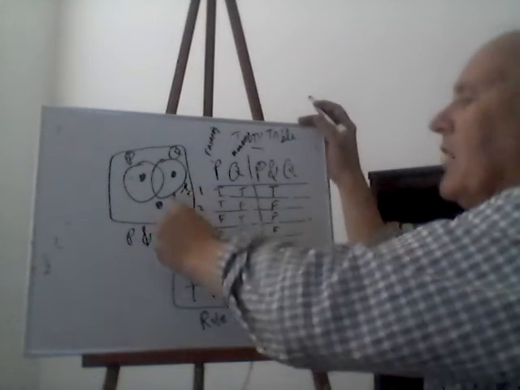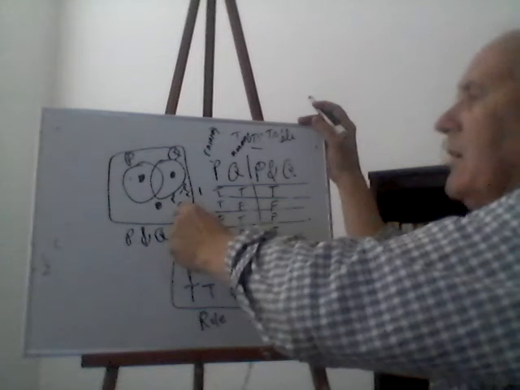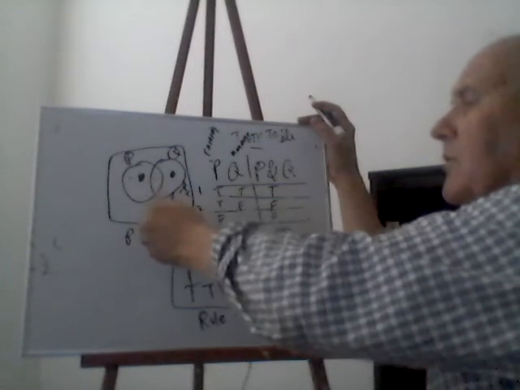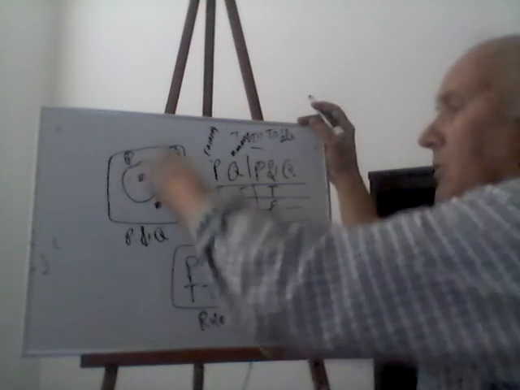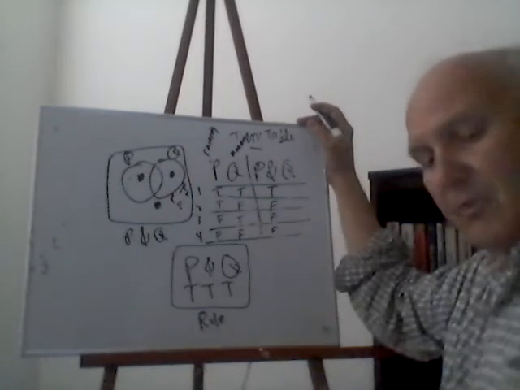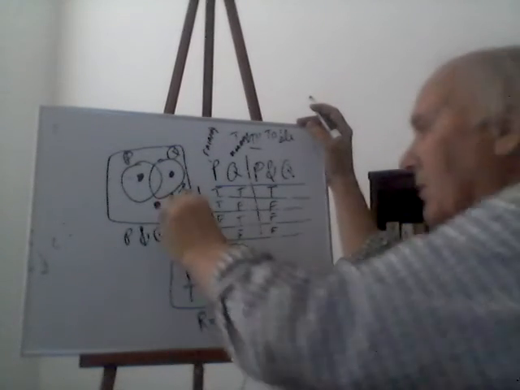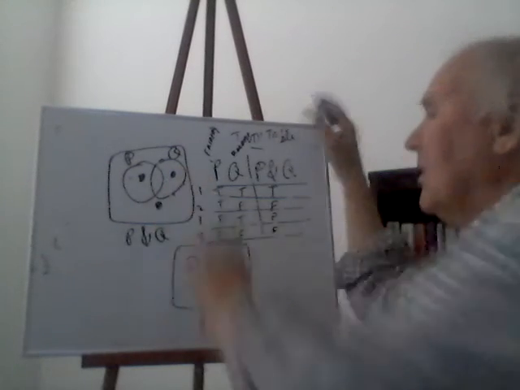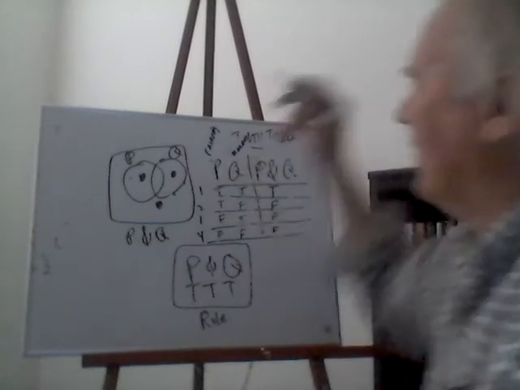So this section here, outside P, and it's also outside Q, but I'll just focus on P right now, means P is false. It also means Q is false too. But not P is true, and not Q is true.